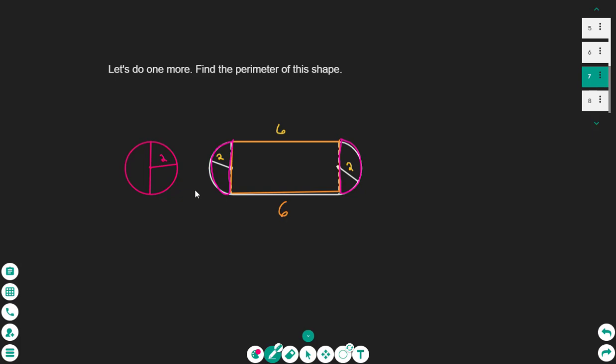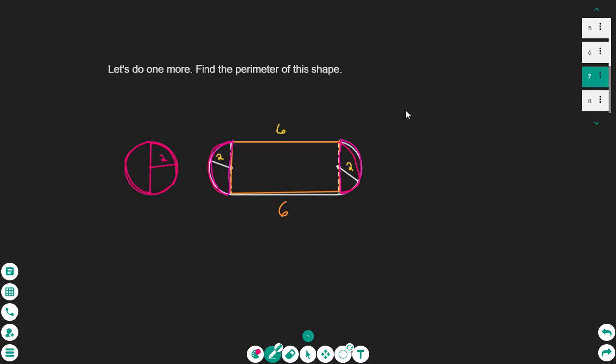All right? So, bottom line, if we're trying to find this outer edge, and we're trying to find this outer edge, isn't that the same thing as finding these two outer edges, which is just a full circle, right? So we can therefore just use our formula for a full circle to find the sum of these two curves on the outer edges of our shape.